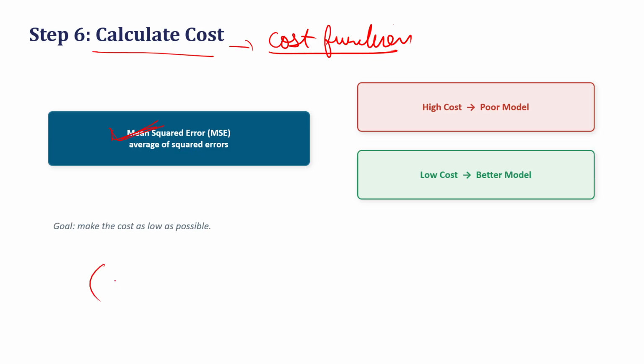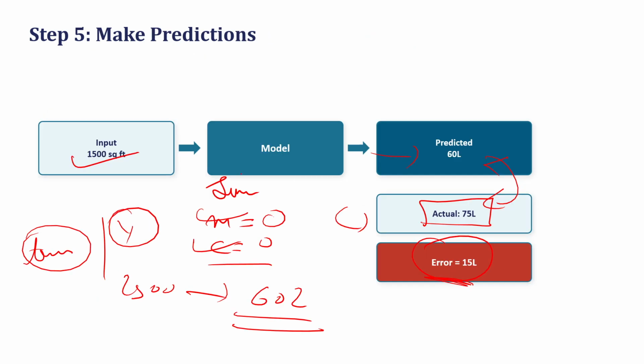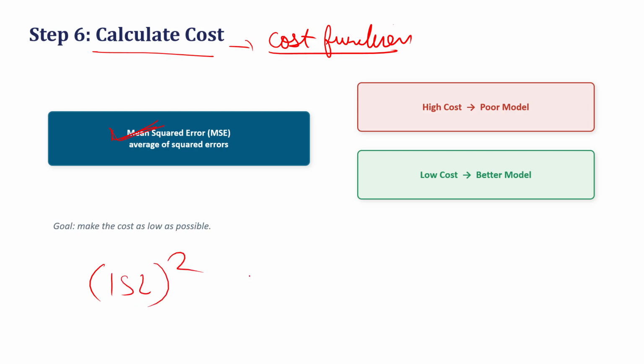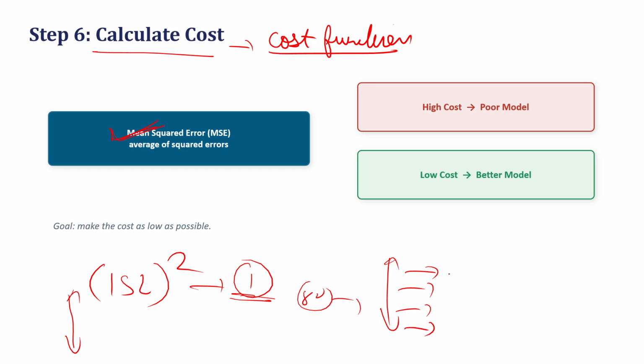Our error in the previous slide was 15 lakh, so you square the error, then you take the mean. Since it is one output from one input, you take all 100 or 80 rows, whatever data you have, square each error and then average it out, and you get one error. So that is the mean squared error.